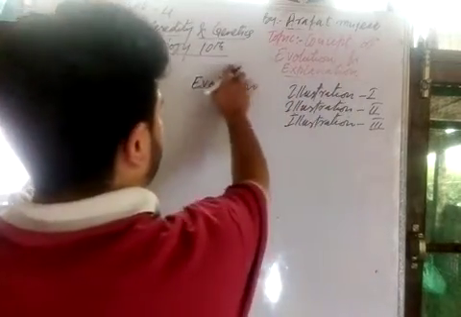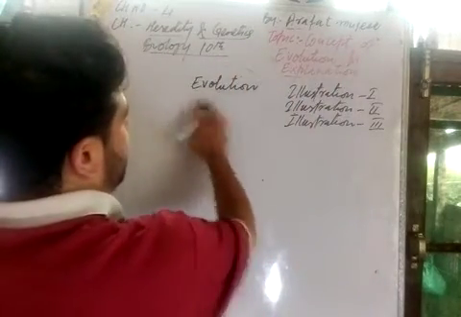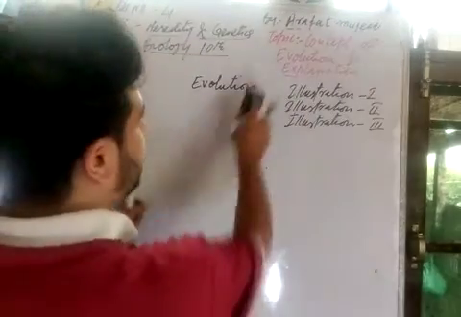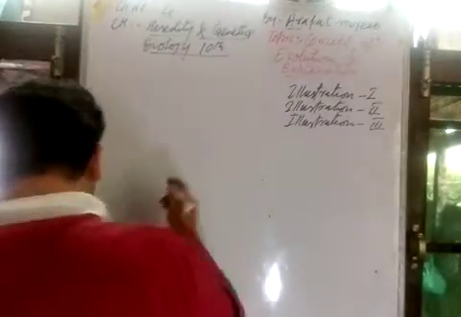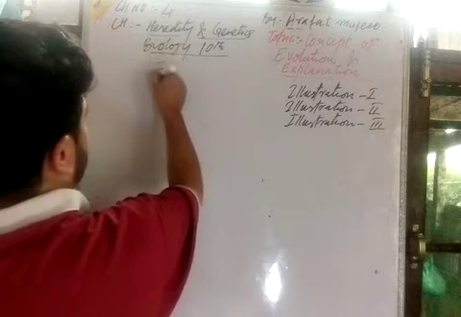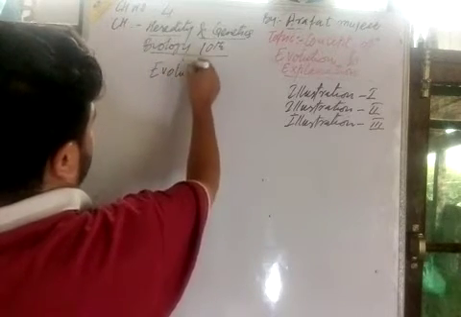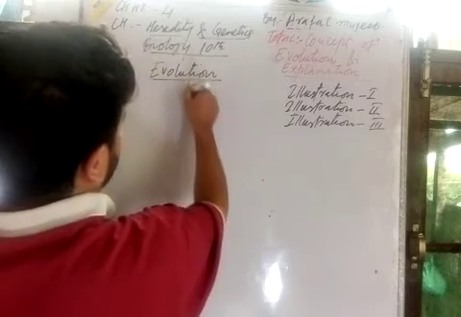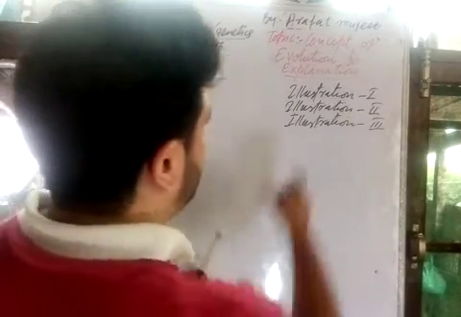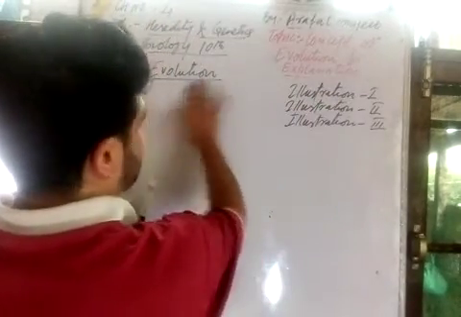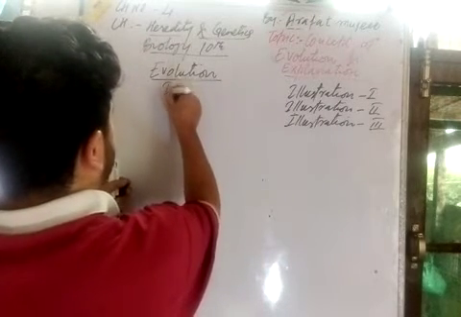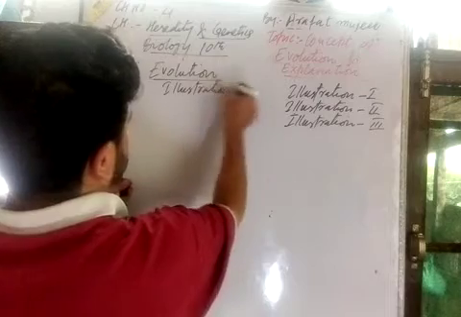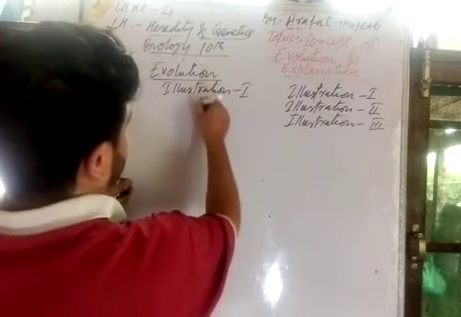This concept evolution को पढ़ने के लिए यहाँ पे मैंने 3 illustrations. I will explain the concept of evolution by taking the 3 illustrations. The concept of evolution जो है, we will take the illustration first.